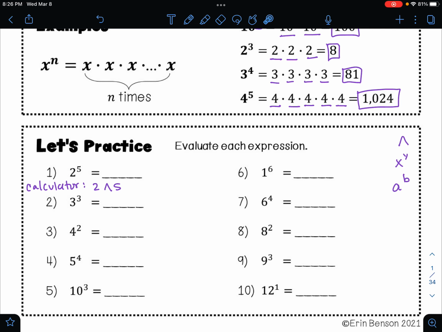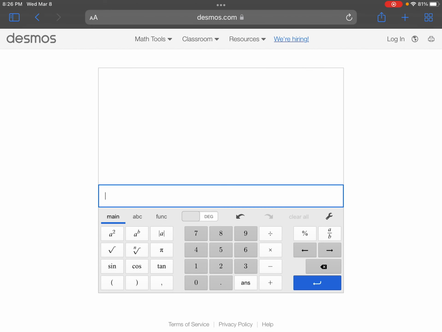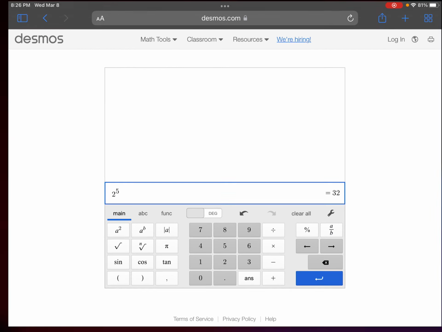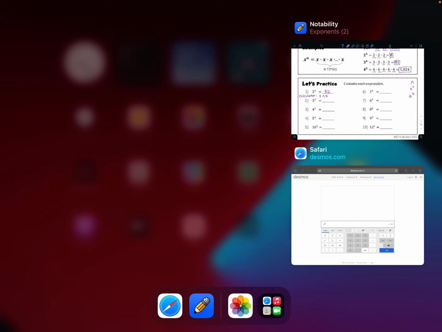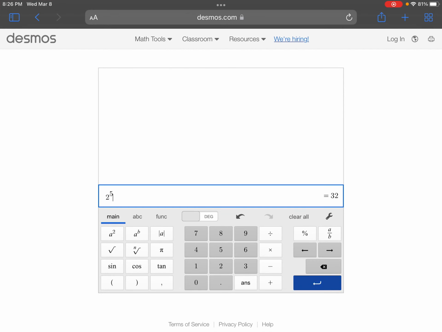I'm going to show you what I mean using Desmos. Desmos has our a to the b button. So I'm going to do my base of 2, my exponent button of a to the b, and then 5. And when I do that, we can see that we get 32 as our answer. 3 raised to the third power, so I'll do 3 exponent button 3, and I get 27.